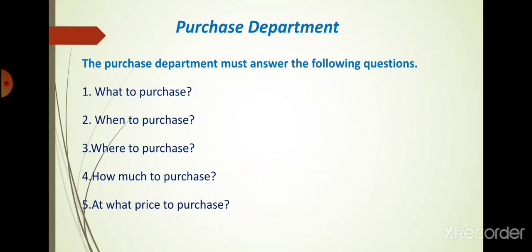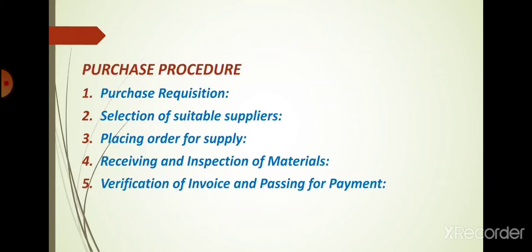So now we will study the purchase procedure. A systematic and well-defined purchase procedure should be followed to make the purchase of the raw material, as any lapse in the procedure may result in the stoppage of production. So the purchase procedure normally involves 5 important steps. First one is purchase requisition.